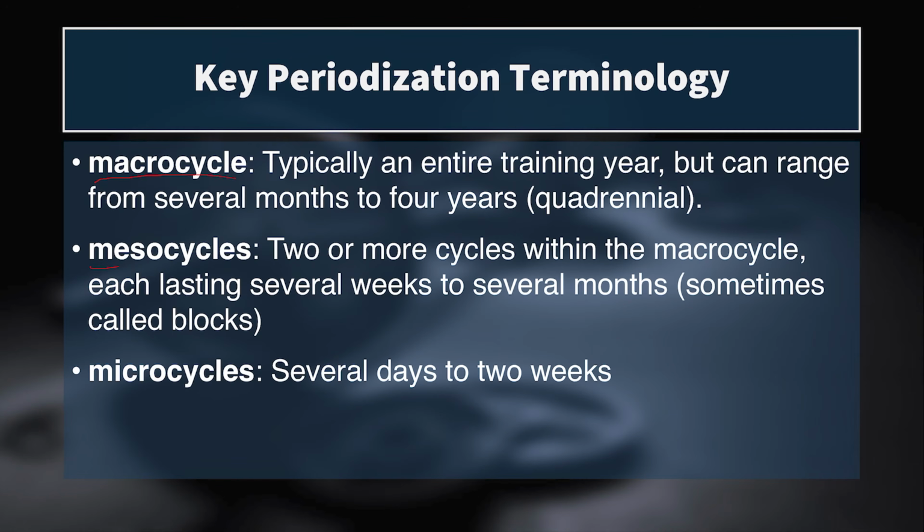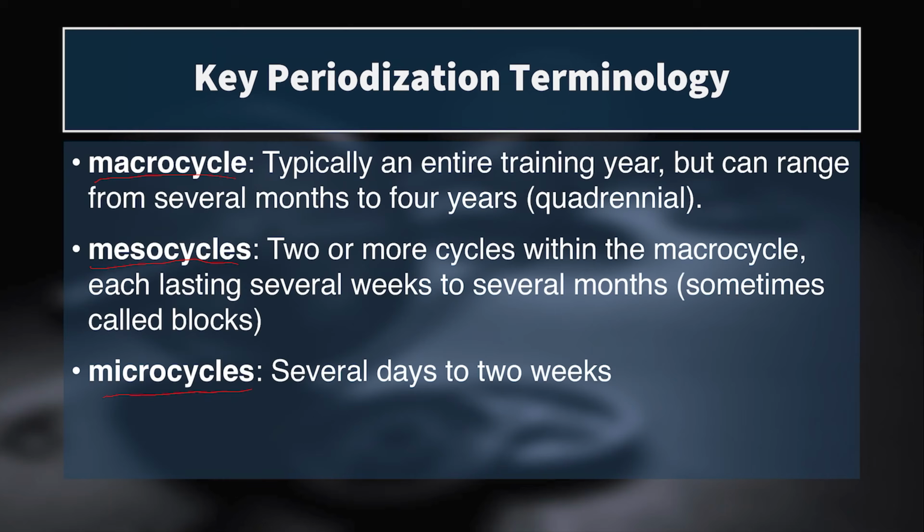Next, we need to talk about mesocycles, and typically there are 2 or more mesocycles within the macrocycle, each lasting several weeks to several months. Sometimes these are called blocks, but other times we think of blocks as making up a mesocycle. So a little bit confusing there in common terminology. Mesocycle and block is sometimes interchangeable as the same sort of amount of time.